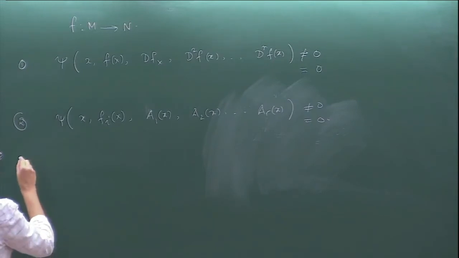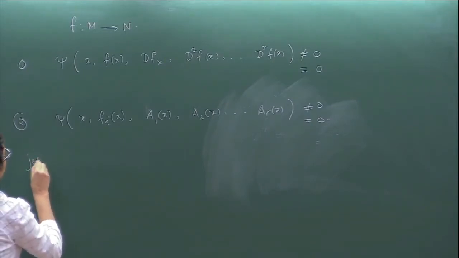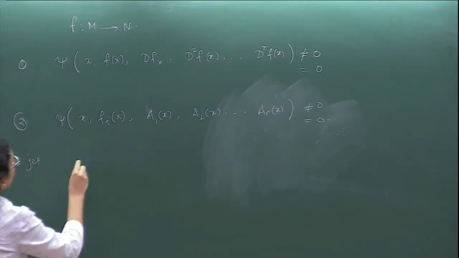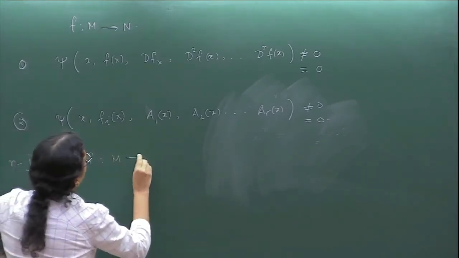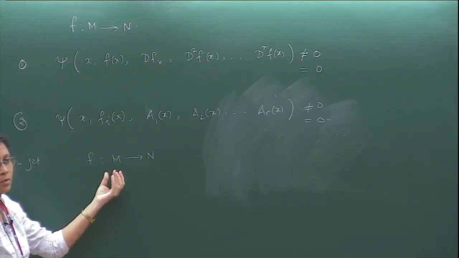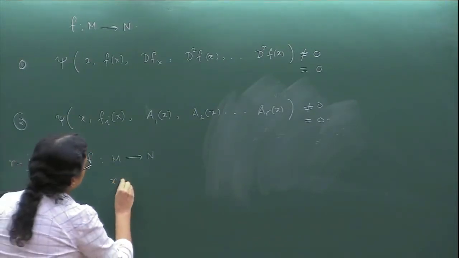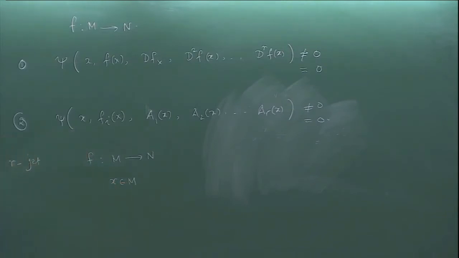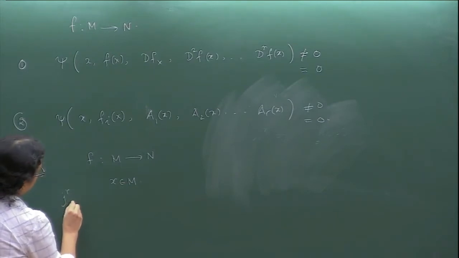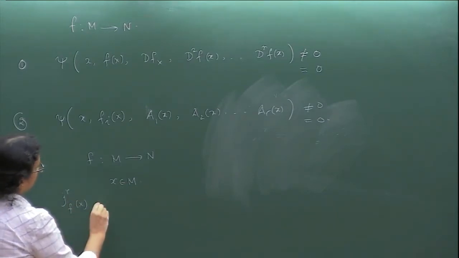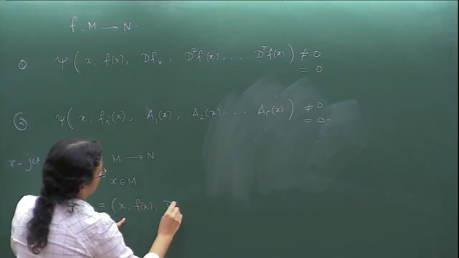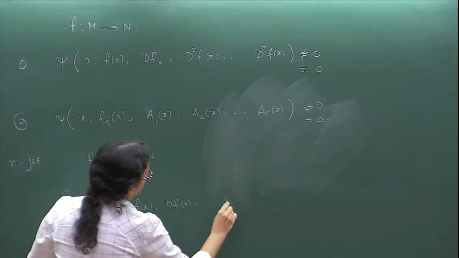Okay, so let's first define a notion called the r-jet. Suppose you are given a function from M to N, it may be just a local function defined on some open set. And suppose this is a point x in M, and we denote by this the infinitesimal information of the function f at x.